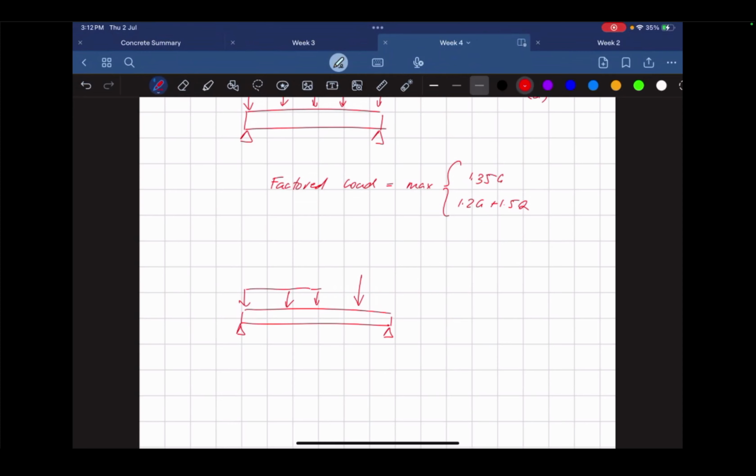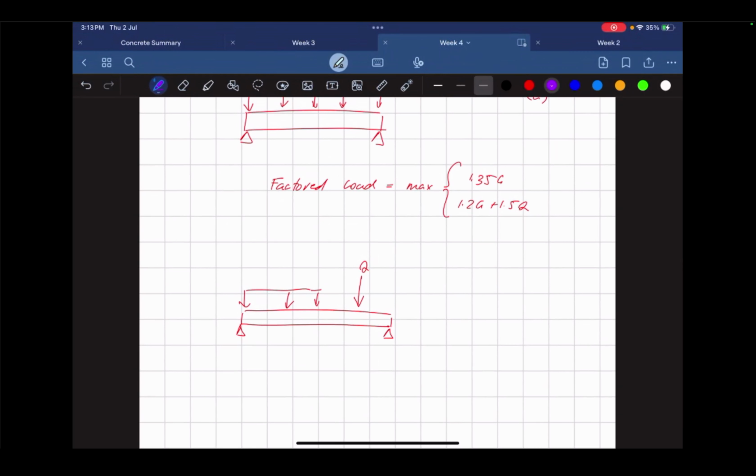So let's say this is Q. You have to use 1.5 Q. Why 1.5 Q? Because the load combo is either the maximum of 1.35 G or 1.2 G plus 1.5 Q.